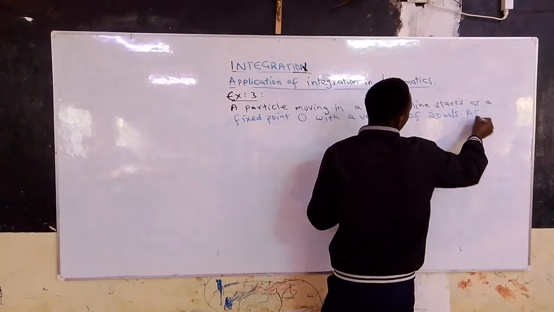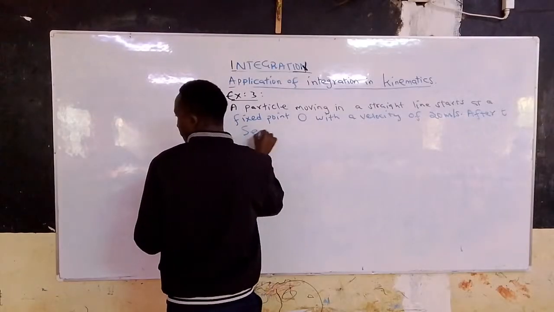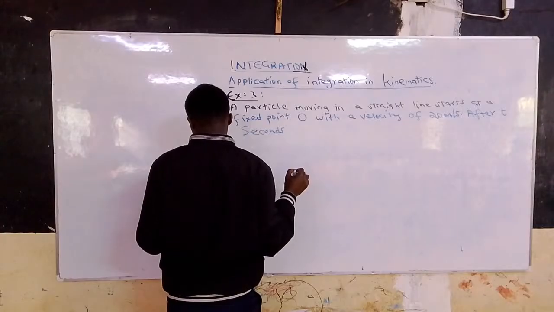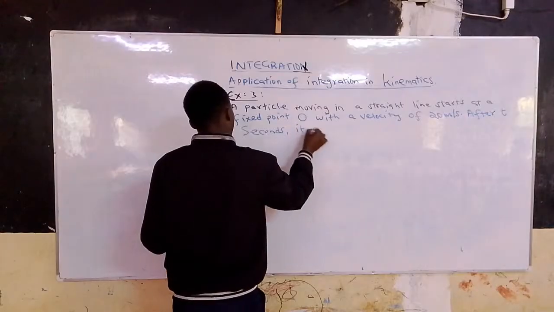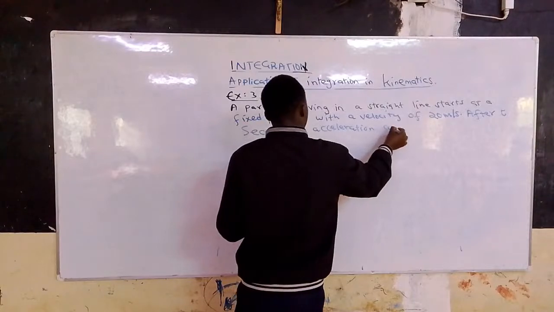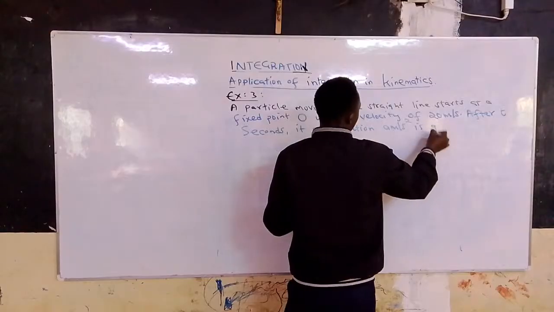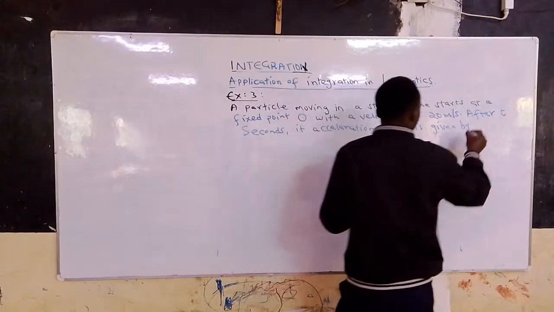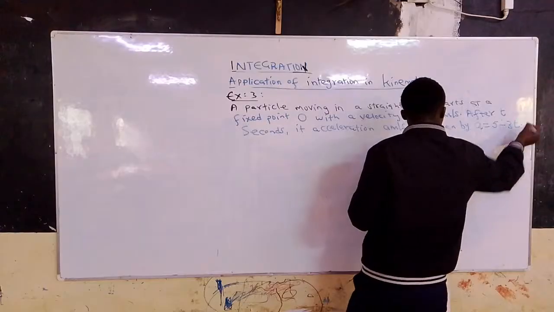After t seconds, its acceleration a meters per second squared is given by a is equal to 5 minus 3t.